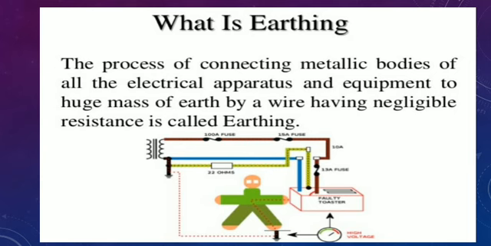If suppose any circuit has high voltage, leakage of voltage will take place. That leakage of voltage, if passed through a human being, will give a shock, so that is why we use earthing.